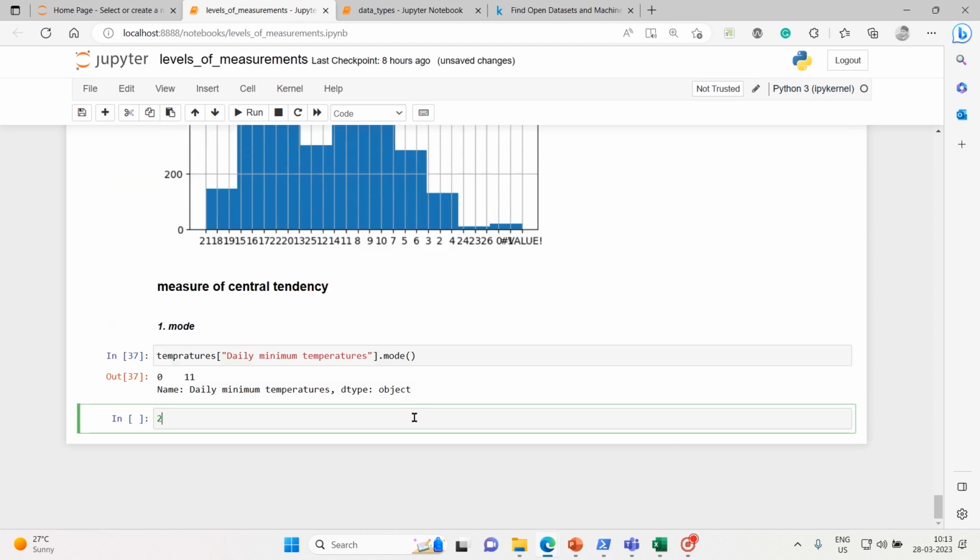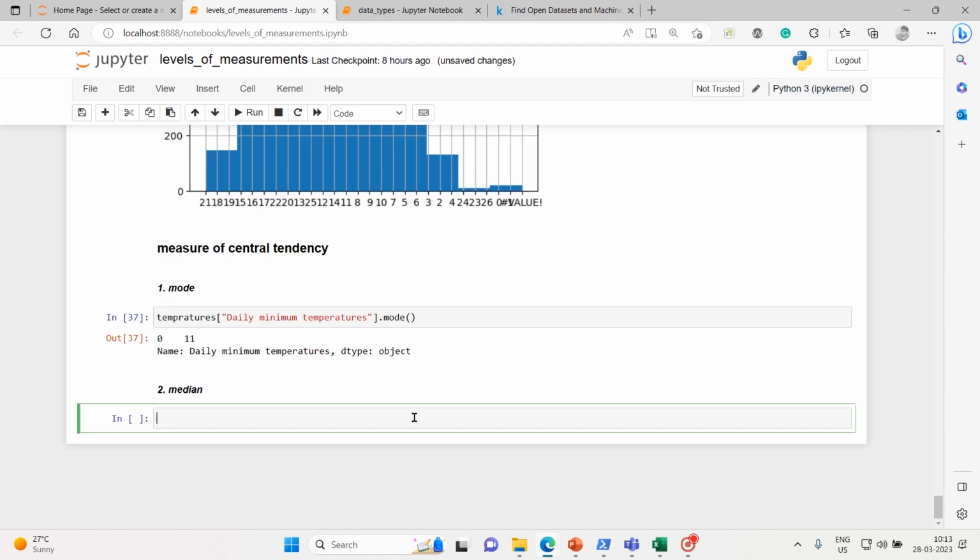Then we will see the median. As we have discussed earlier, the median is, if you put all your data points in a series in ascending order, exactly the center data point, the center record, is our median.